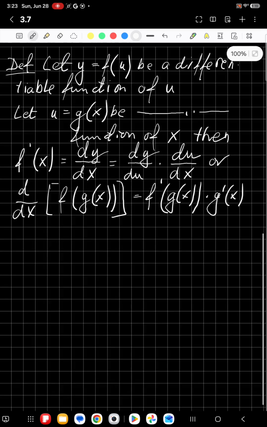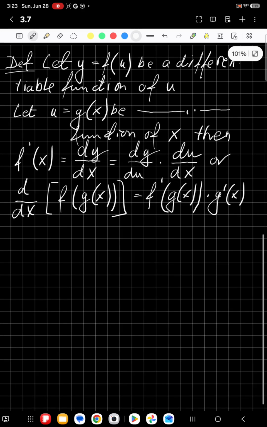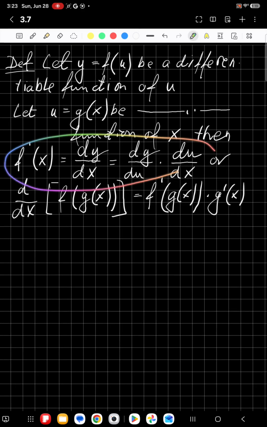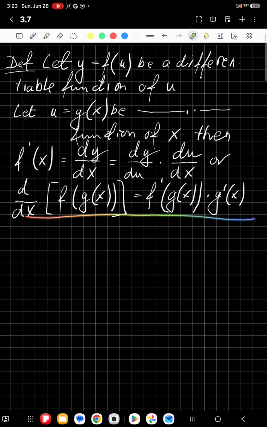I think this one is easy to understand. These are equivalent, but let me give you an example.